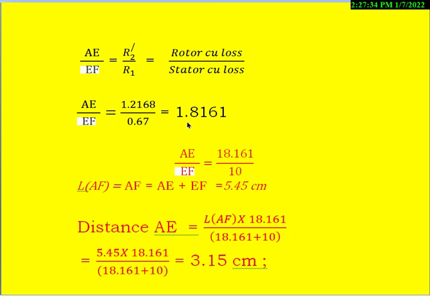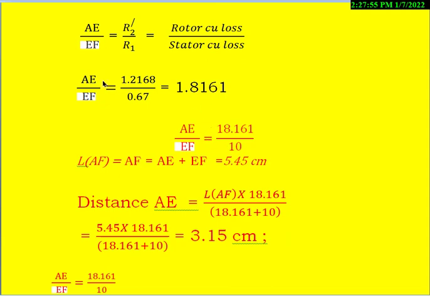Once we simplify this, we get 1.8161. If we say the ratio of rotor copper loss and stator copper loss is the ratio of AE and EF, then multiplying numerator and denominator by 10, we get 18.161 divided by 10.